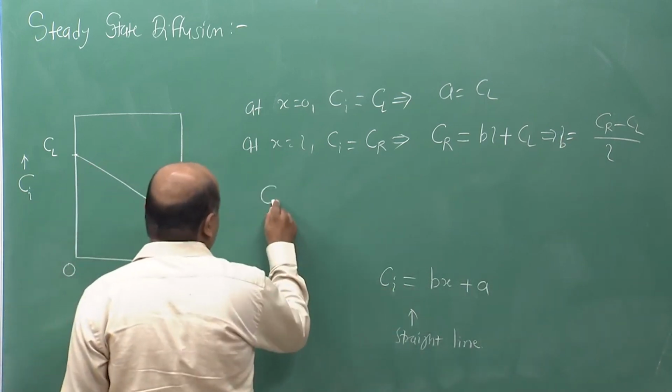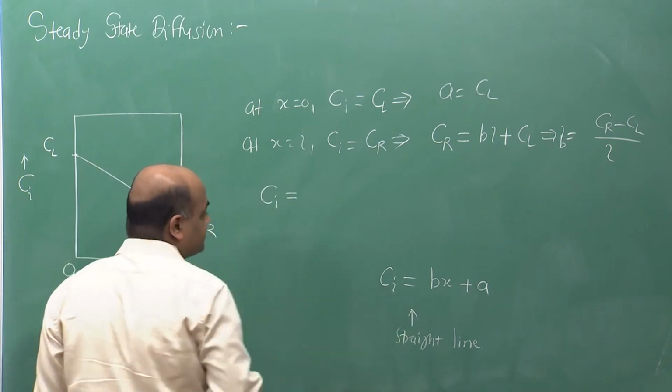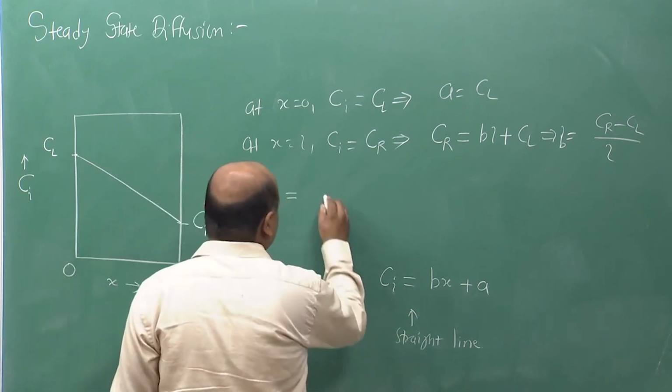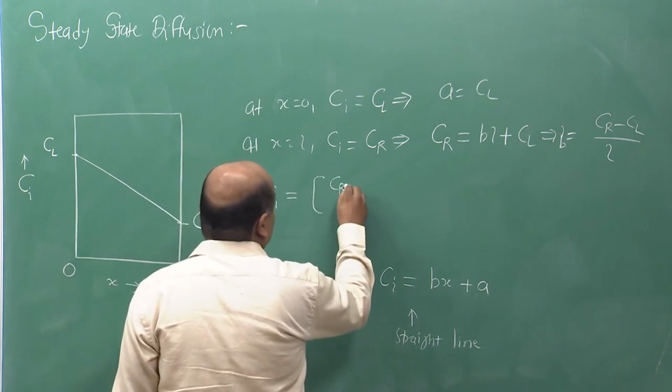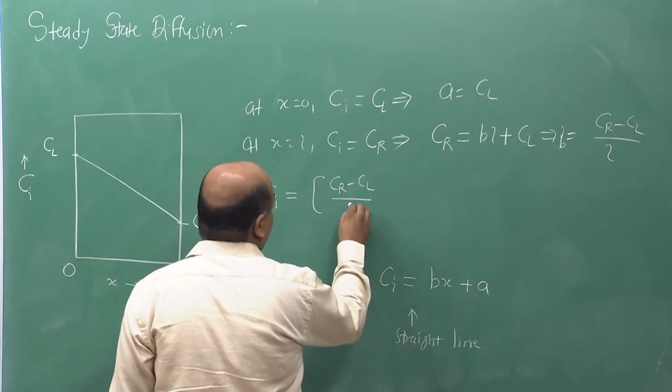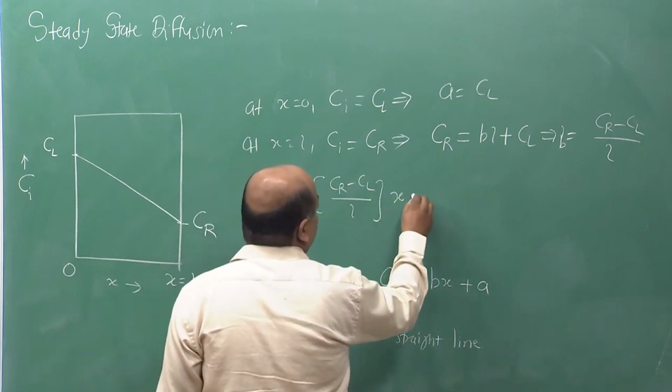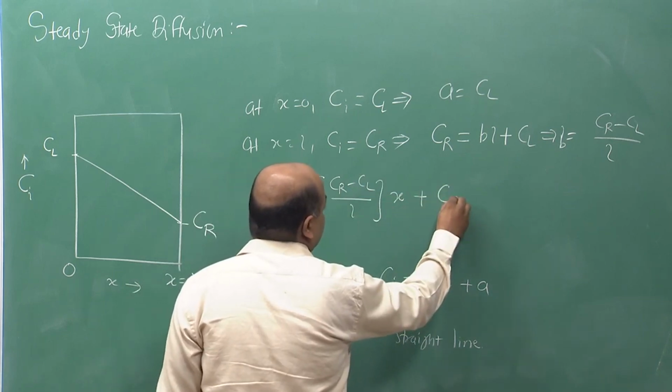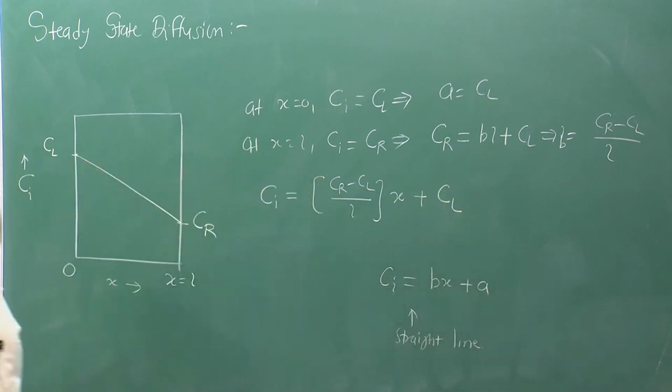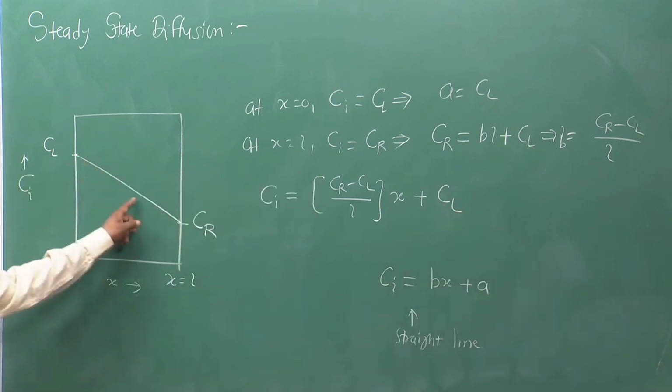So, we can write Ci is equal to (Cr minus Cl) divided by L, times x, plus Cl. So, this is the steady state equation when d tilde is constant.